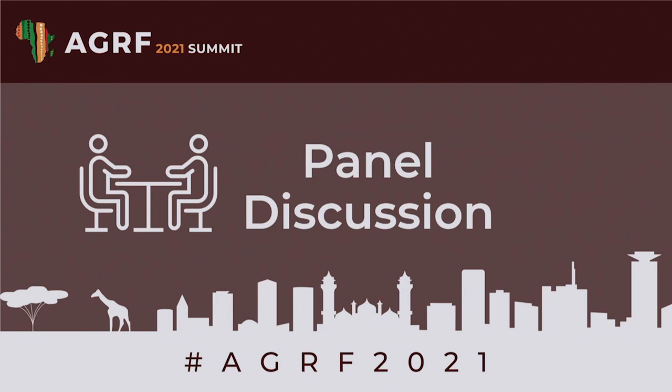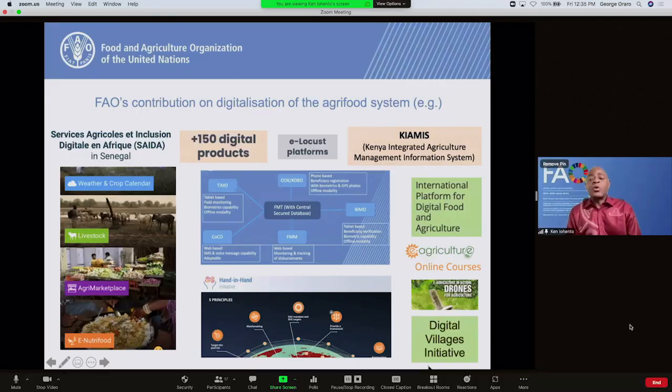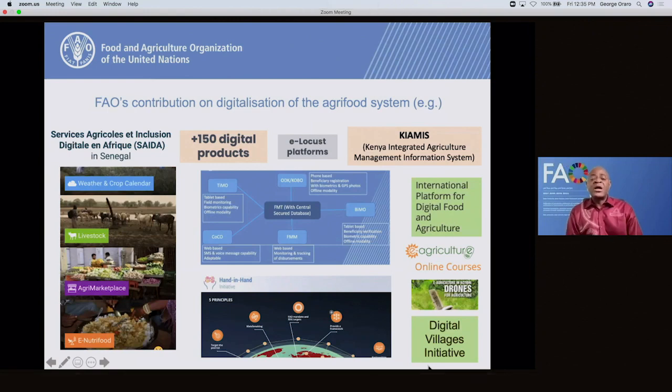This ranges from, for example, platforms that support e-locust, especially in the framework of the fight against the desert locust in East Africa, to other platforms like the SIDA platform that has been supporting advisory services in Senegal.